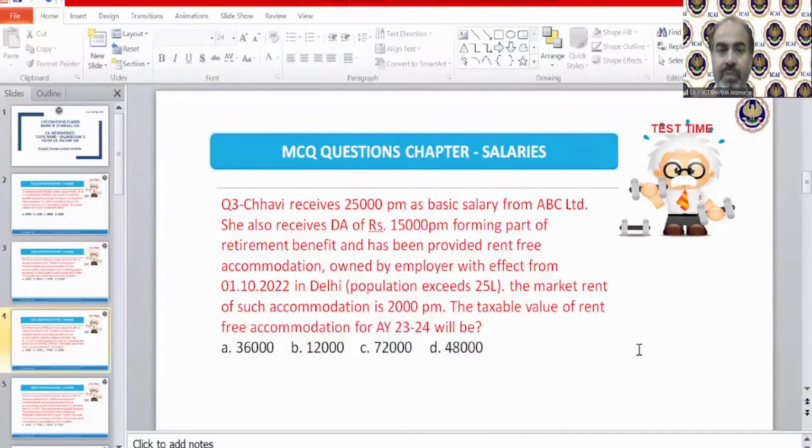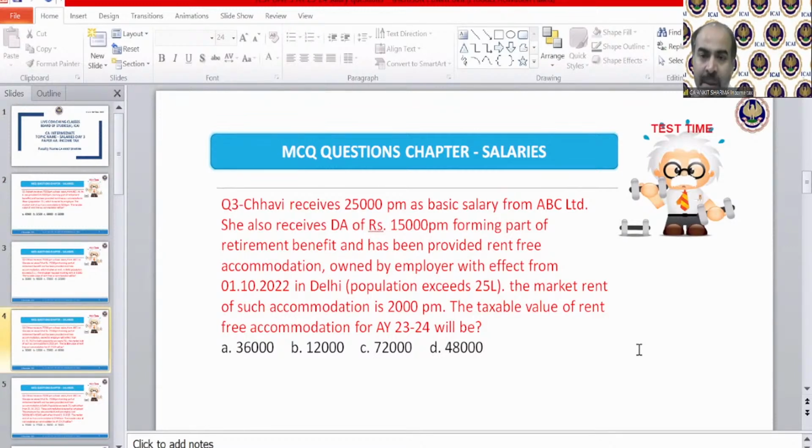Question number 3. Chavi received 25,000 per month basic salary. She also received DA of 15,000. She has been provided a rent-free accommodation owned by employer with effect from 1st October 2022 in Delhi. Population exceeding 25 lakh. Again, the market rent has been given, so that case will be treated as house owned by the employer, until otherwise rent paid by employer is given.